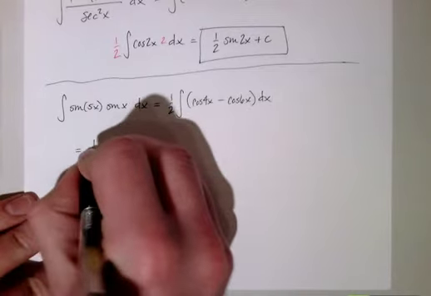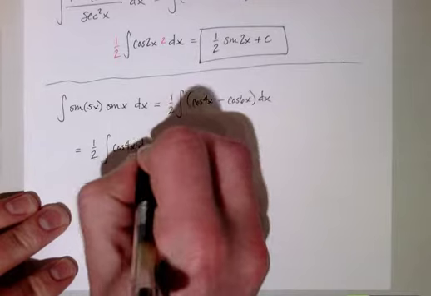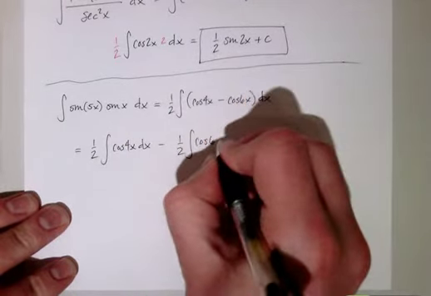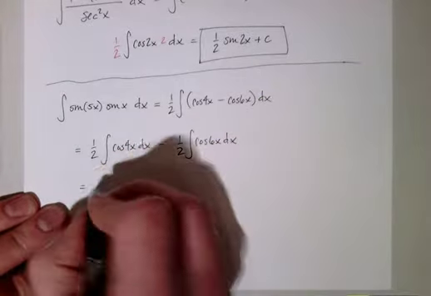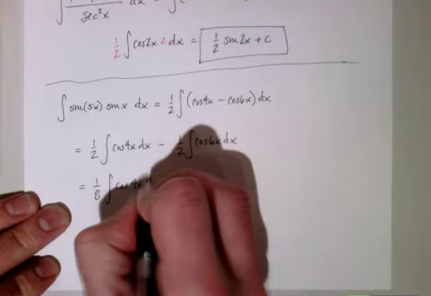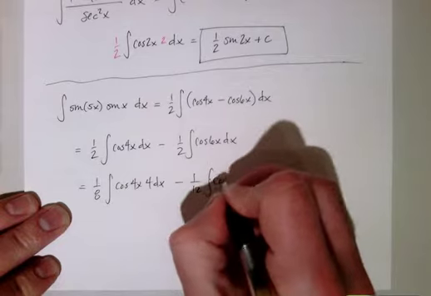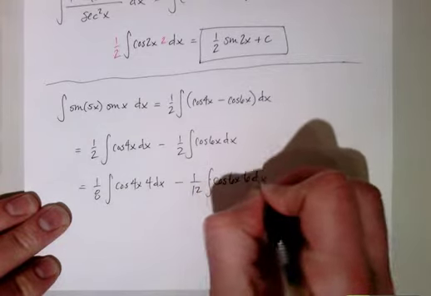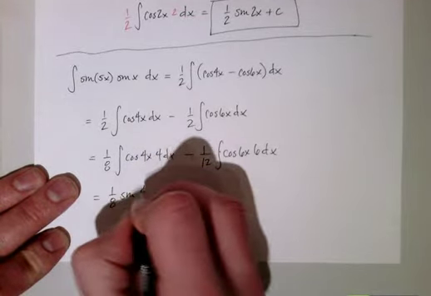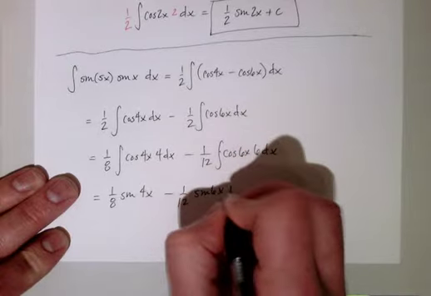And if I want to change this into two separate integrals in order to deal with the du separately, which you can do, I wind up with 1/8 integral of cosine 4x 4 dx minus 1/12 integral of cosine 6x 6 dx, and that very straightforwardly becomes that.